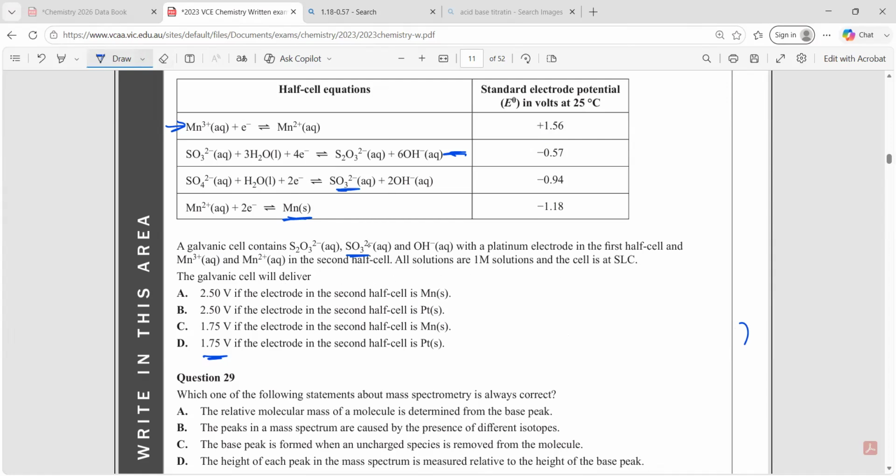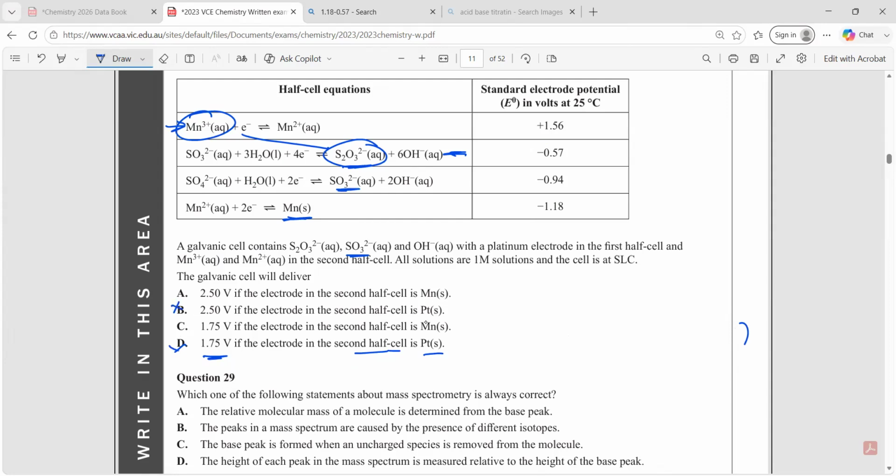And if we have platinum, so S2O3, then this reaction would go ahead and this reaction would go ahead, which is not what we got. So what's 1.56 plus 0.57? It's 2.13. So these two would react if the electrode in the half cell was that. That's wrong.